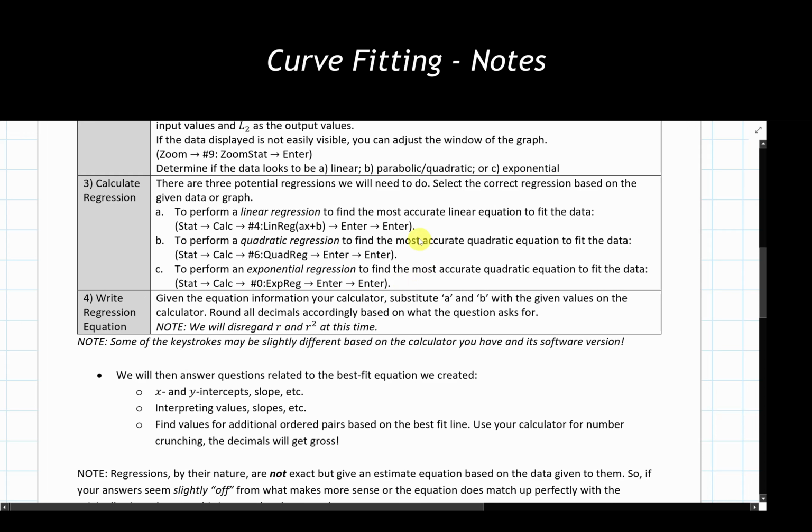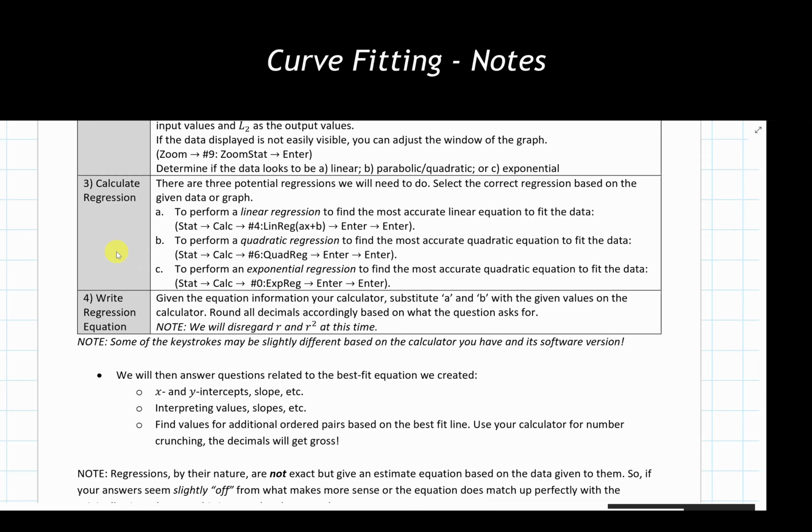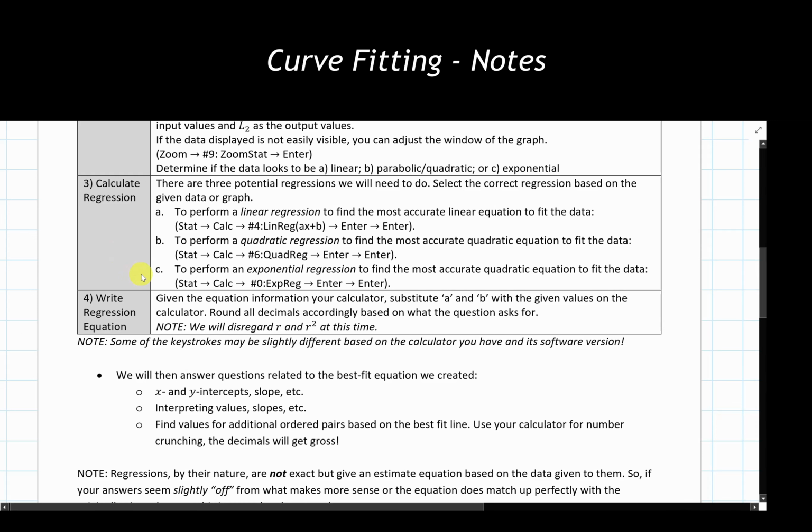I should note you might have some slight differences in these button sequences, specifically these last few steps, depending on the version of the calculator that you are using, but you should use the first three the exact same way as what we have listed here. This is where you tell the calculator, given this data, do a linear regression, do a quadratic regression, do an exponential regression. It does all of its advanced computing, and it will spit out an answer for you.